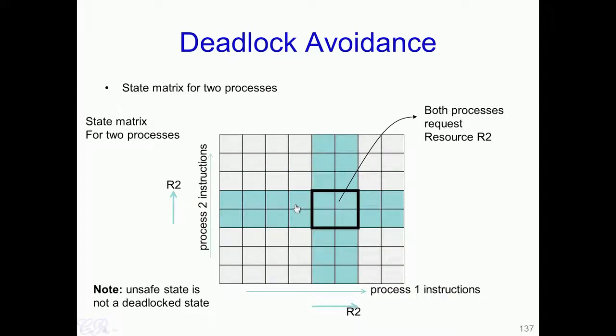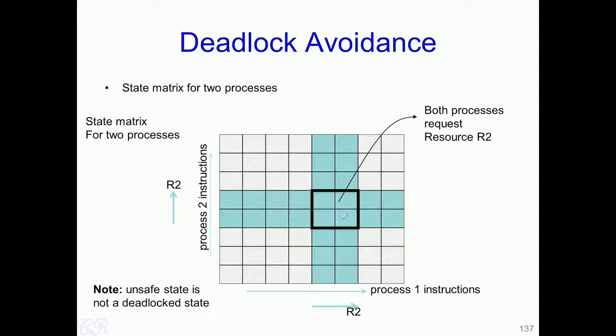Similarly, let us say that there is another resource R2 which is required in these particular instructions by process 2 and these particular instructions in process 1, and we correspondingly obtain an intersecting square as shown here, and this square represents the part where both processes P1 and P2 request resource R2.